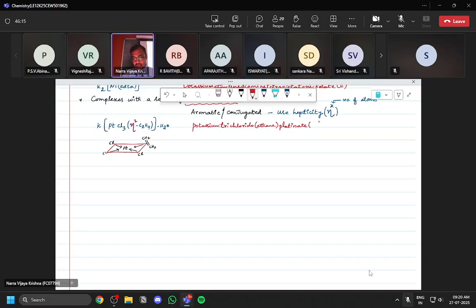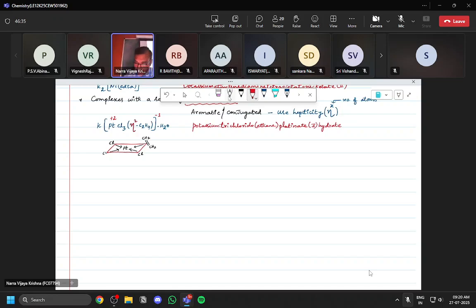Oxidation number: here it is +1, meaning overall charge -1, means platinum must be in +2. Correct? Is it +2 or not? +2 hydrate. Okay? Another complex.